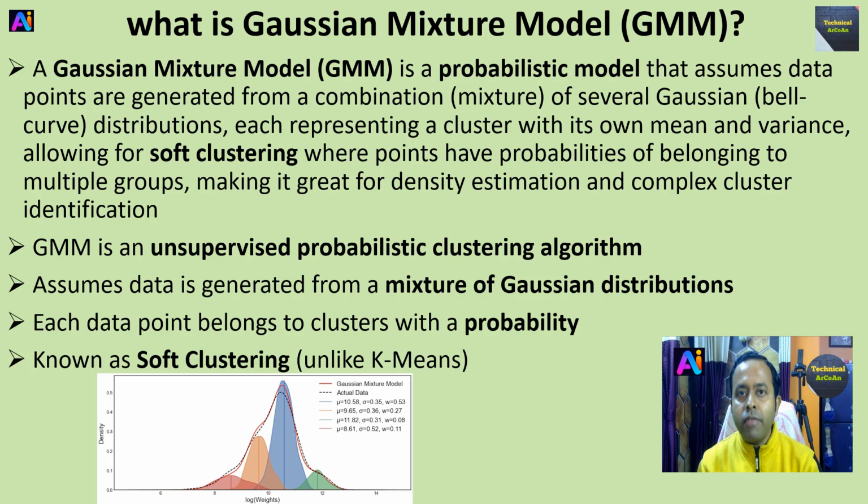GMM is an unsupervised probabilistic clustering algorithm and also a soft clustering algorithm, okay? It assumes data is generated from a mixture of Gaussian distributions. Each data point belongs to clusters with a probability, known as soft clustering, unlike k-means, right?